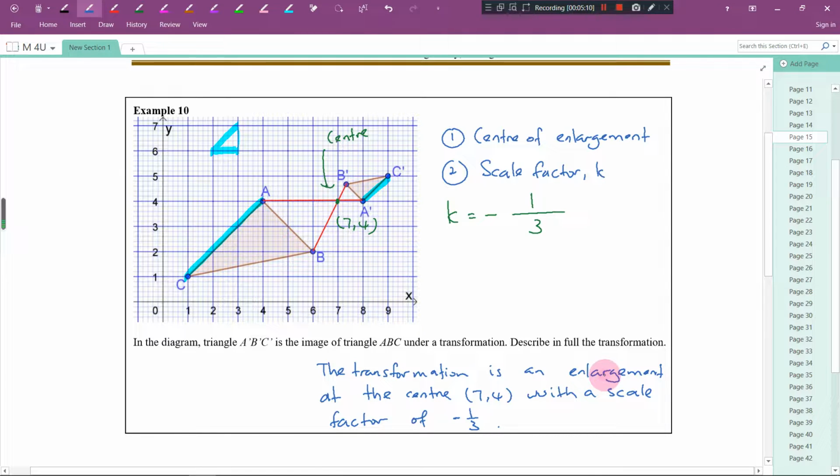Okay, so this is a way how we describe an enlargement. You don't have to follow exactly the way I show you here. Some students might use another way as long as you mention two things: center of enlargement and also the scale factor.